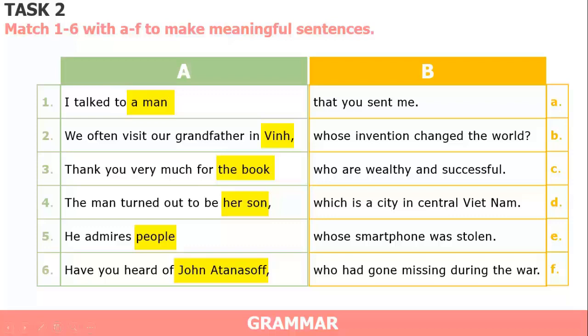In column B, you will underline that in phrase A, whose in phrase B, and who in phrase C. Similarly, we underline which, whose, and who respectively.